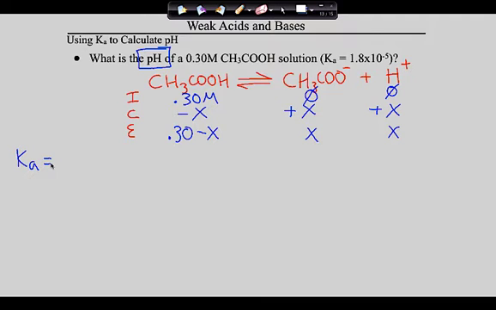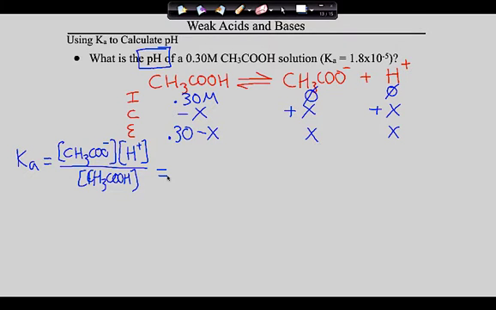Ka. We're now ready to figure out the concentration at equilibrium. So we're going to go Ka is equal to CH3COO minus, hydrogen plus, over CH3COOH.